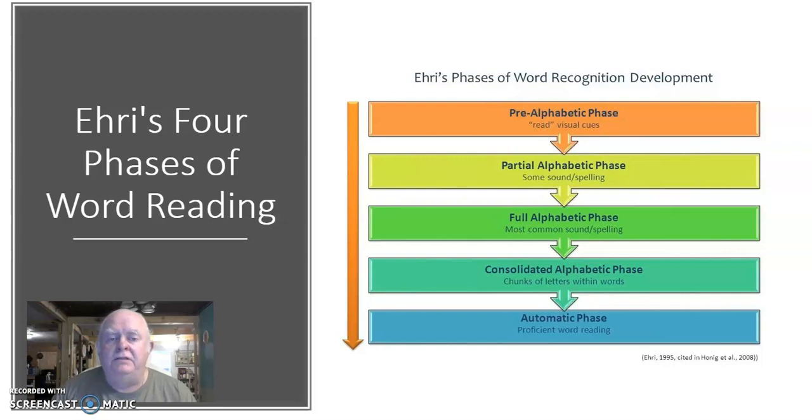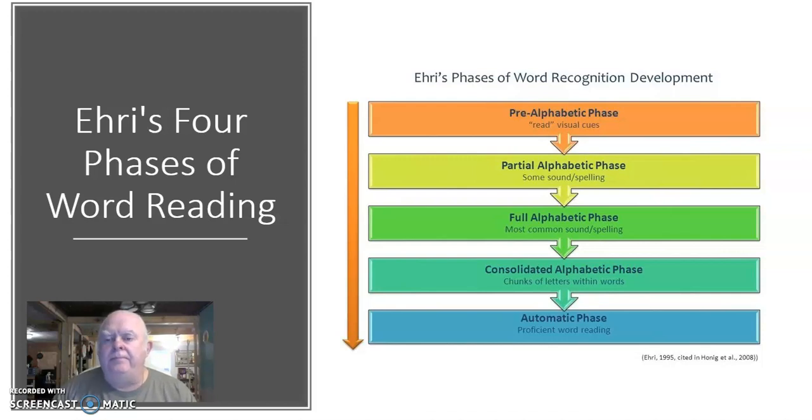Now, Dr. Ehri, I hope that's pronounced right, four phases of word reading. It's interesting, the only clip art I could find to show this shows 5. But to go along with this, pre-alphabetic phase. That's where the child reads symbols. They see the golden arches, they yell McDonald's, right?